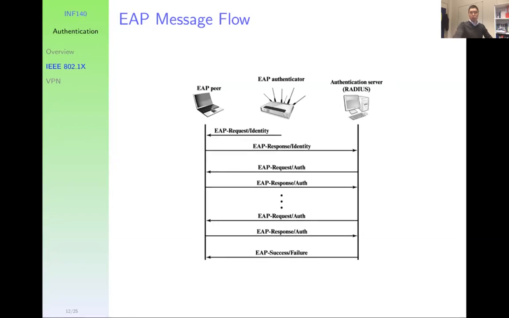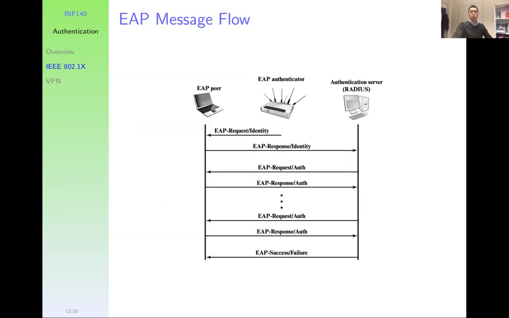Instead, it just forwards it to the authentication server. There might be several steps in this authentication process. In the end, the authentication server will decide whether this request is a success or a failure.